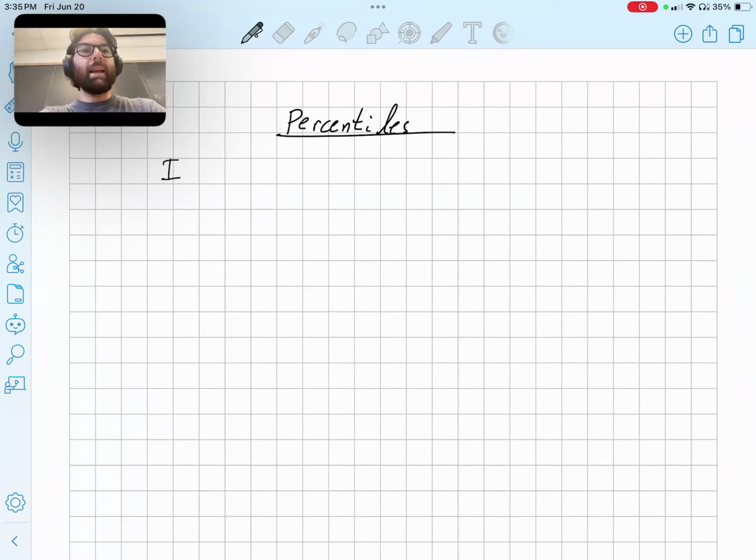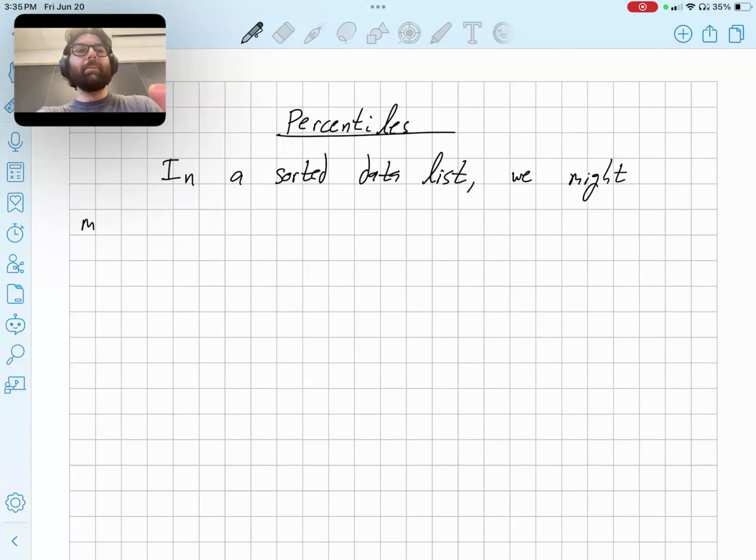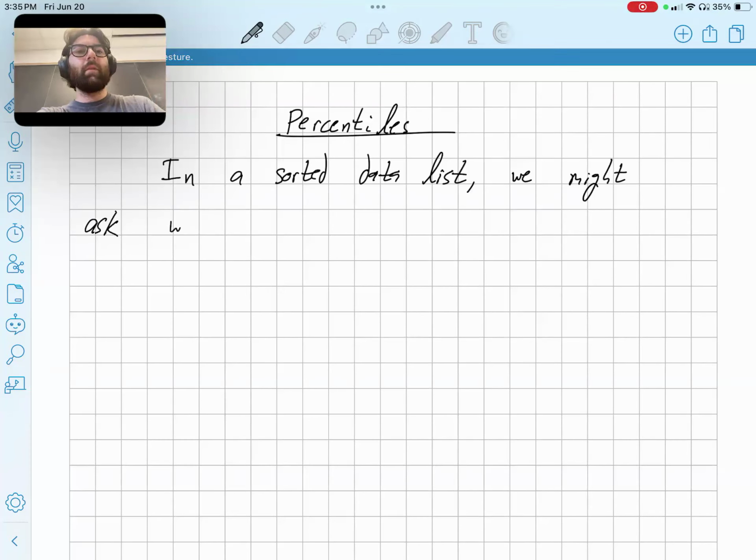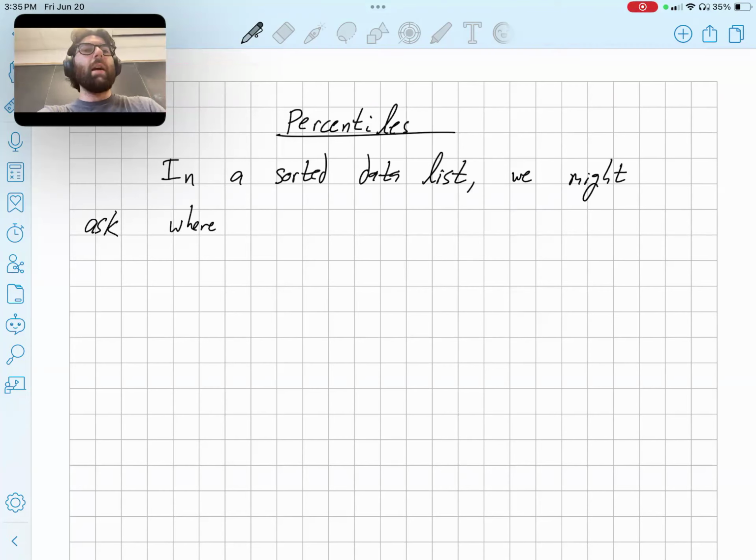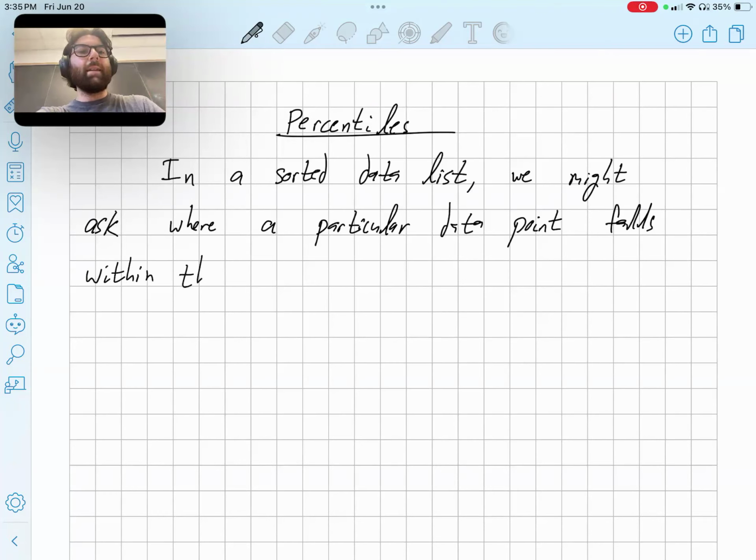In a sorted data list, we might ask where a particular data point falls within that data set.